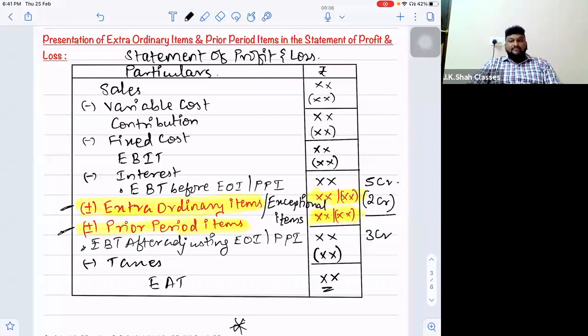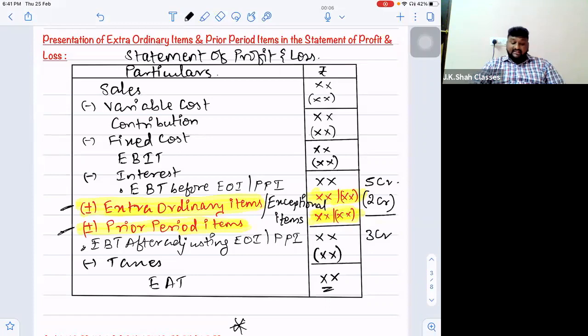Now what will happen if you don't give a separate disclosure of this 2 crores and record it somewhere in the P&L account without a separate presentation? Then if a user goes through your financial statements, he will see your profit is only 3 crores. So he or she will say that you're not performing better. Your performance is not good, right?